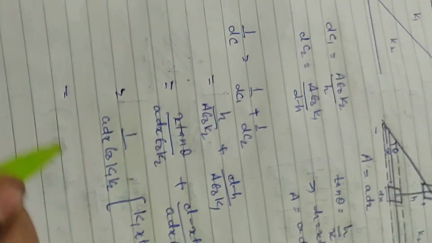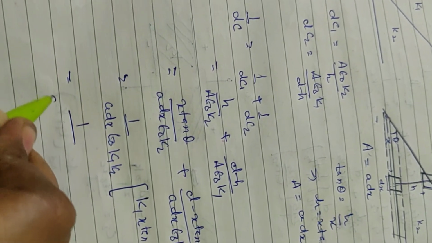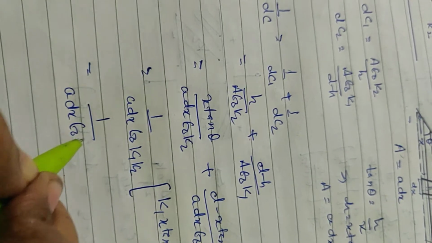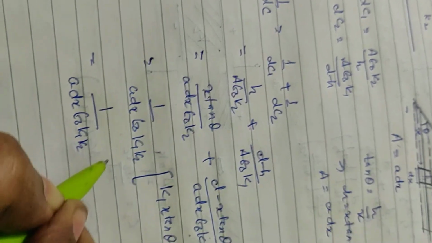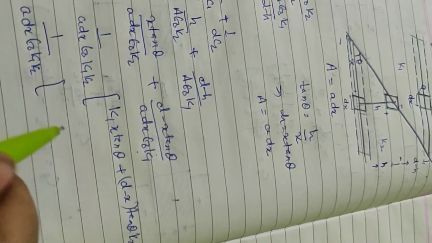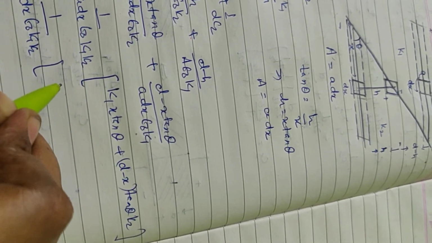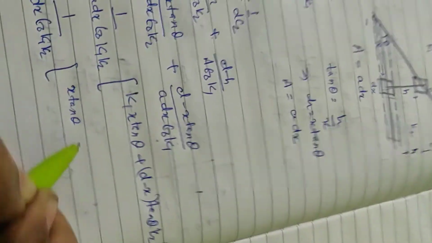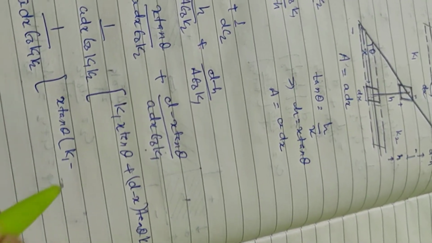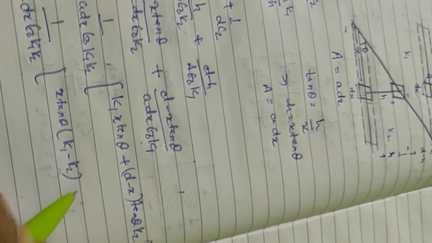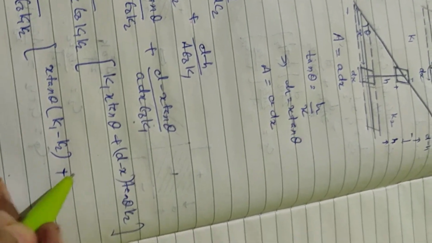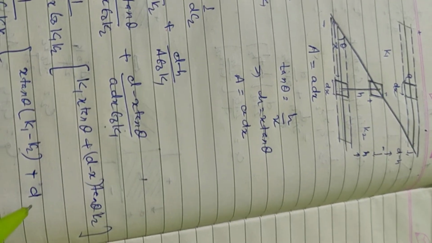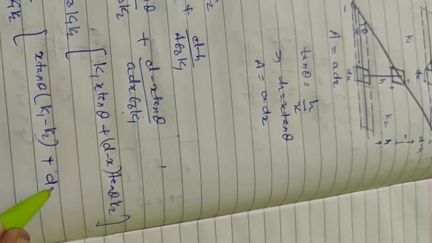So this is now 1 by A dx epsilon naught k1 k2, and you can take some terms common. So if I take x tan theta as common, I get k1 minus k2 and then plus d k2.